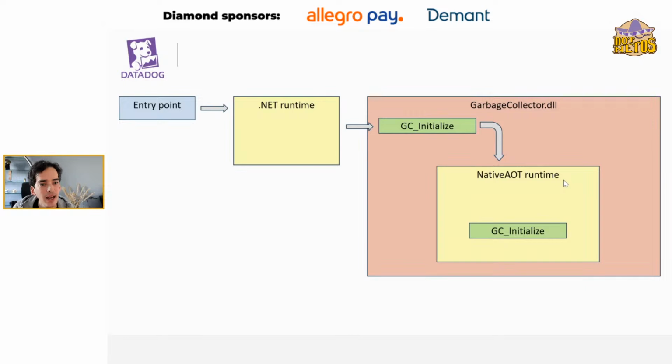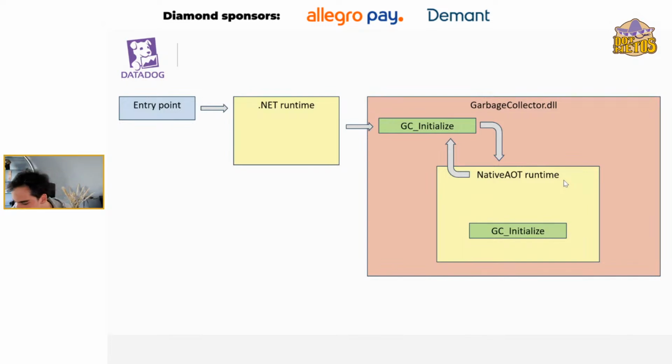And since the NativeAOT runtime has its own GC, it has its own GC_Initialize function. And so we expect that it is going to call it to initialize its own GC. But for some reason, this is not what's happening. And instead, it's calling back our own GC_Initialize, which causes the crash.